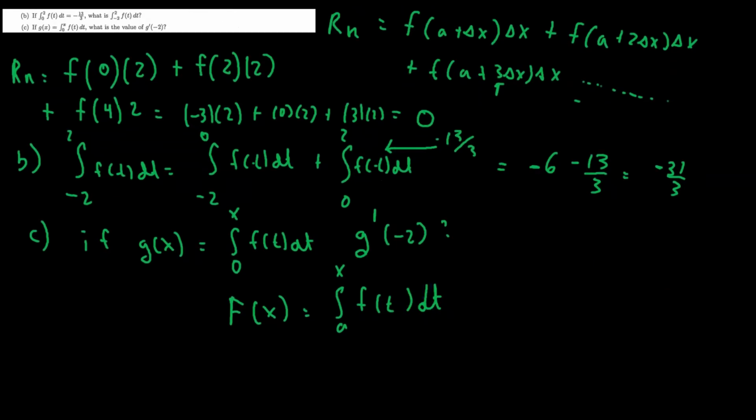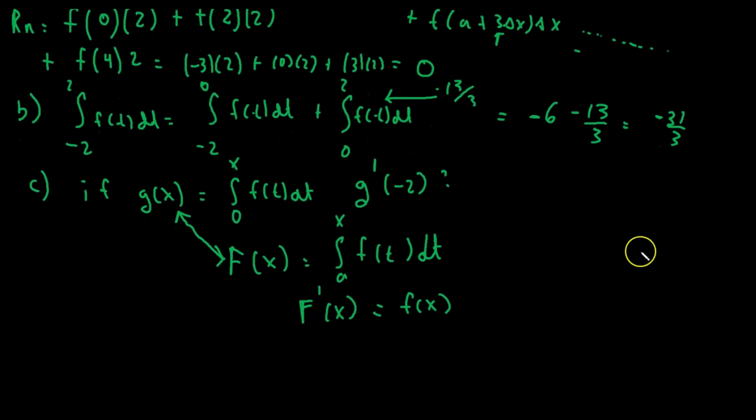So in our case, this is the same thing. This is g of x. So I would have to take the derivative, and the fundamental theorem of calculus states that F prime of x is just f of x. So in our case, g prime of x is just the function evaluated at negative 2.